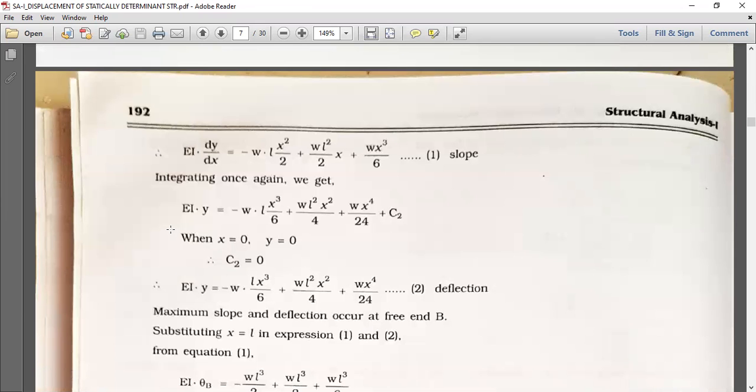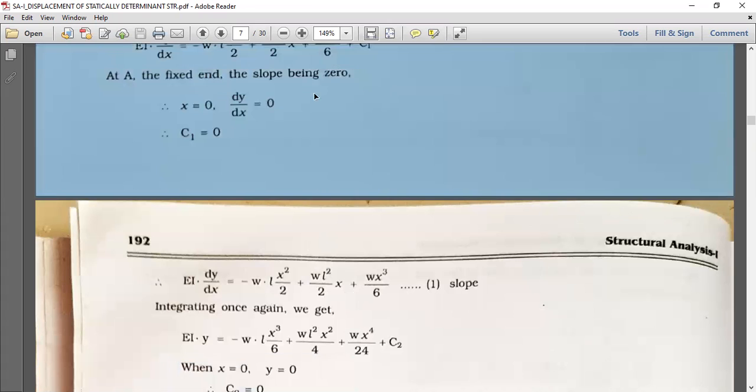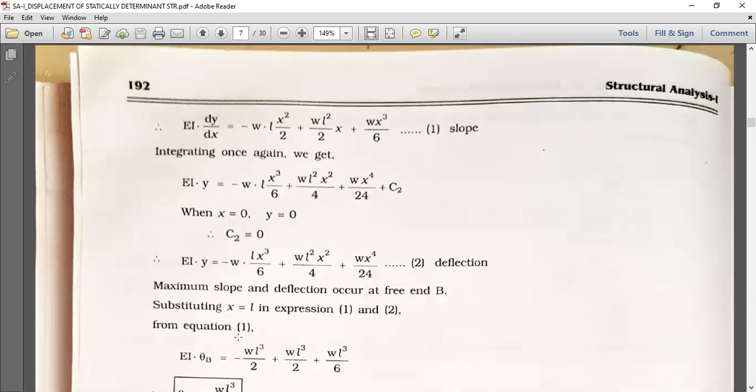Similarly, at A, x is equal to 0, y is equal to 0. We get C2 is equal to 0.